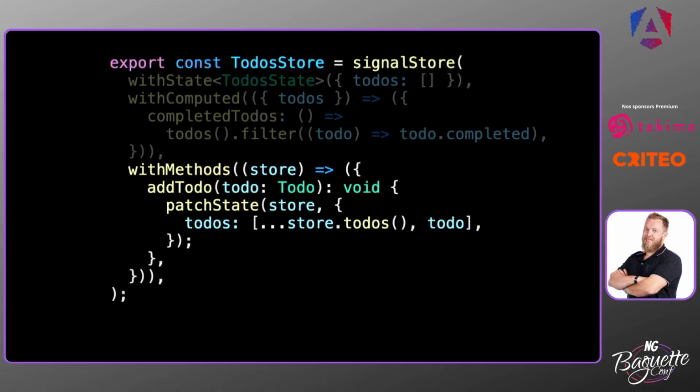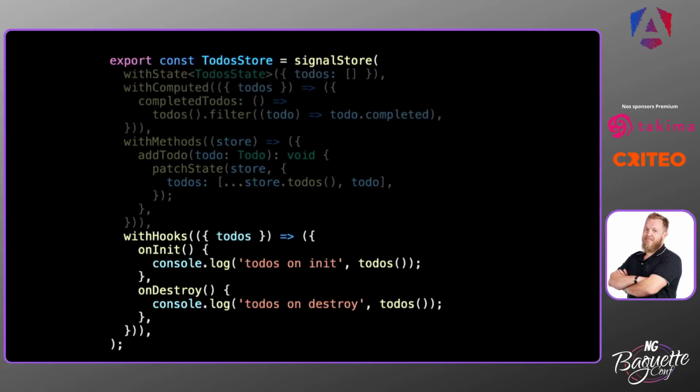One other thing I want to show you is it also has access to hooks. For example, not those hooks, but the Angular lifecycle hooks. This is for on init, on destroy. You can do certain things there as well. For example, on init, you might want to proactively fetch some data or do something.